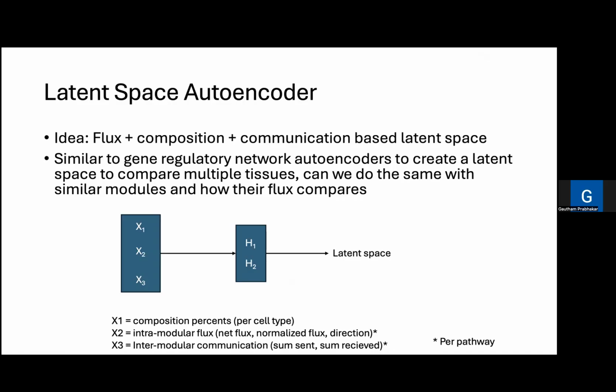This approach allows you not just to compare two tissues, but let's say you run a bunch of samples through spatial data, and you're looking at maybe 10 healthy cases and 10 diseased cases of the same region. You can put them all into this latent space and observe the similarities.